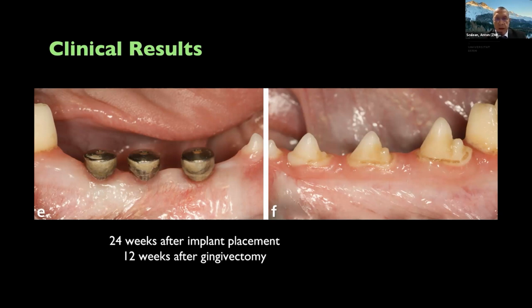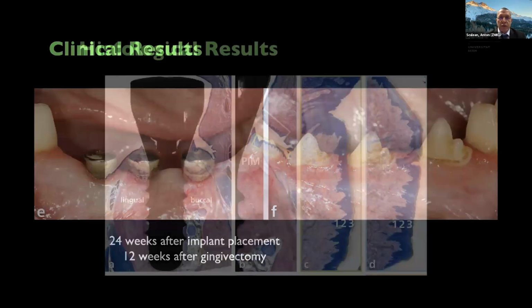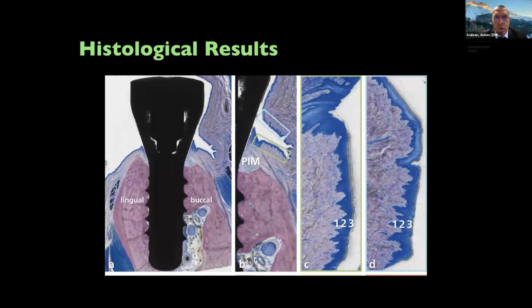That means a new keratinized tissue. However, around the implant, keratinized tissue only formed at those implants that were located in the vicinity of the teeth. When the implant was accommodated alone, there was no keratinized tissue around it. So in other words, the keratinized tissue didn't regenerate around the implant, but regenerated around the tooth.